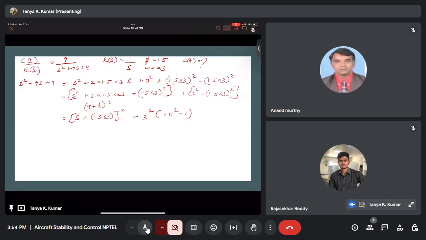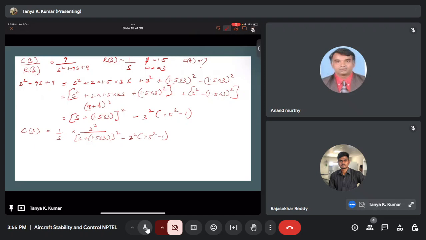So now you can write your C(s), because we need to apply inverse Laplace transform on C(s) to get c(t). So you get C(s) equals 1 by s into, you can write the numerator as 3 squared, denominator will be s plus 1.5 into 3 squared minus, right?